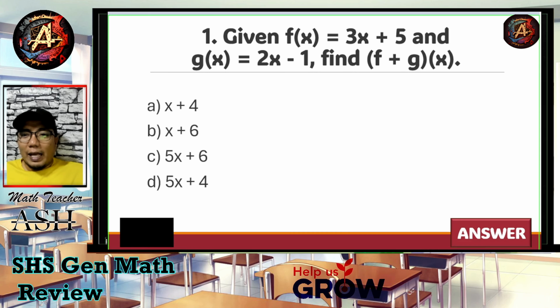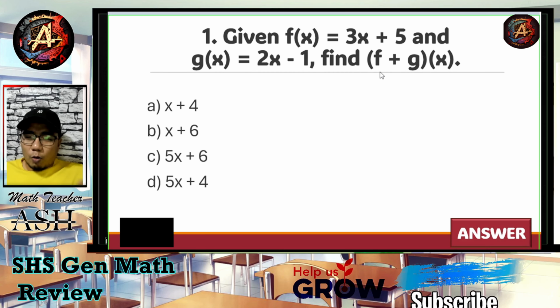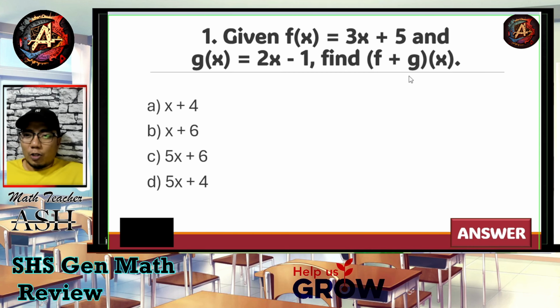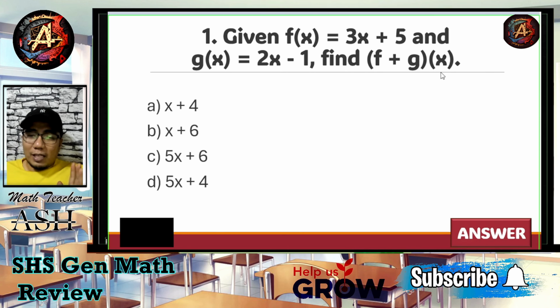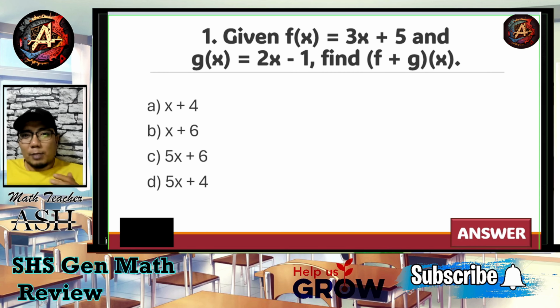Alright, math learners, this question is one of the easiest questions. According to our operation, the f and the g of x will be added together. Since our input is just the variable x, we will not be substituting any value. We just add the two functions.